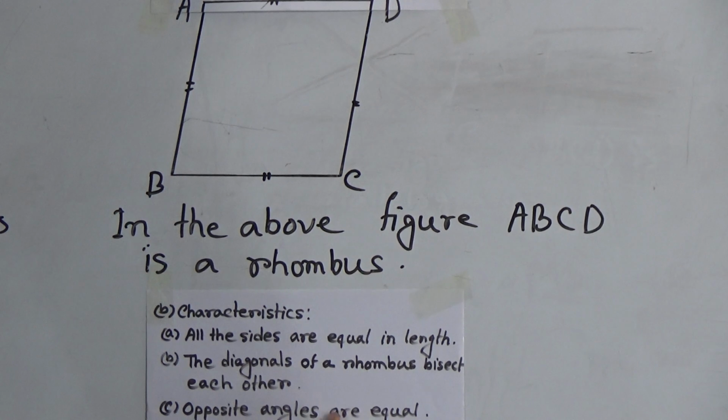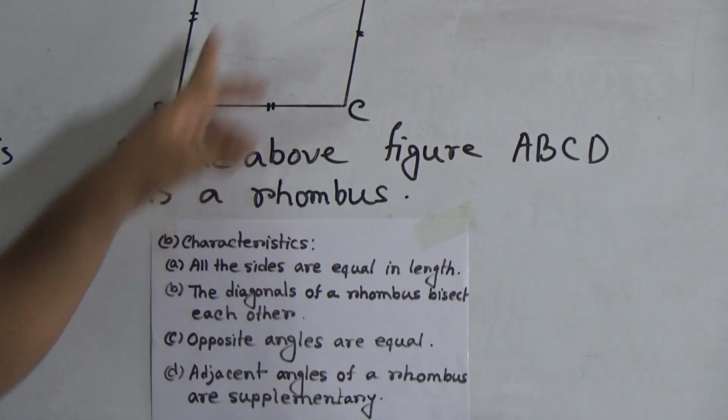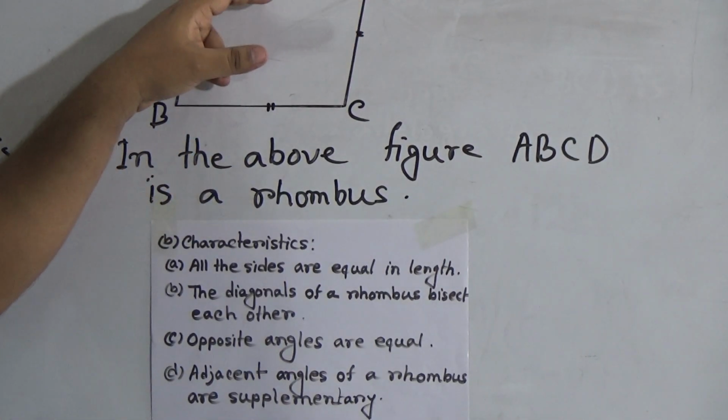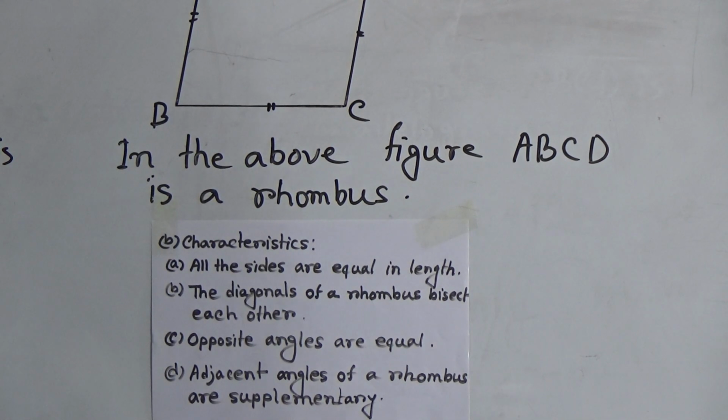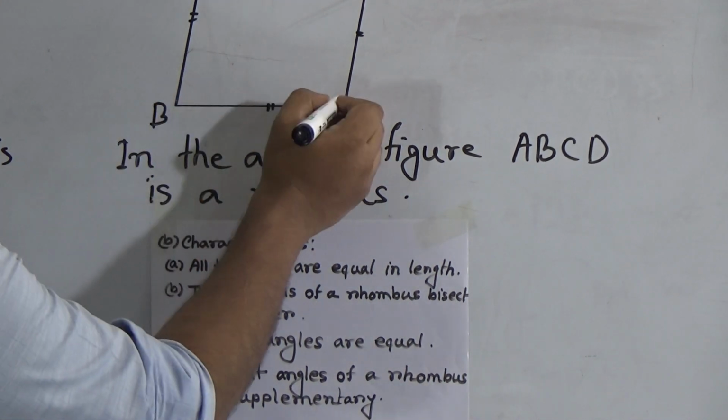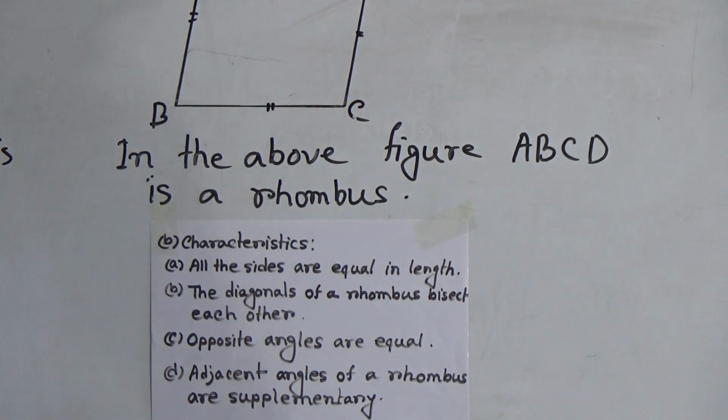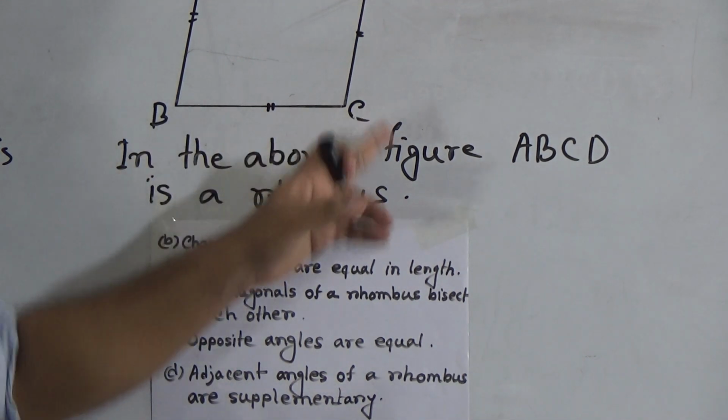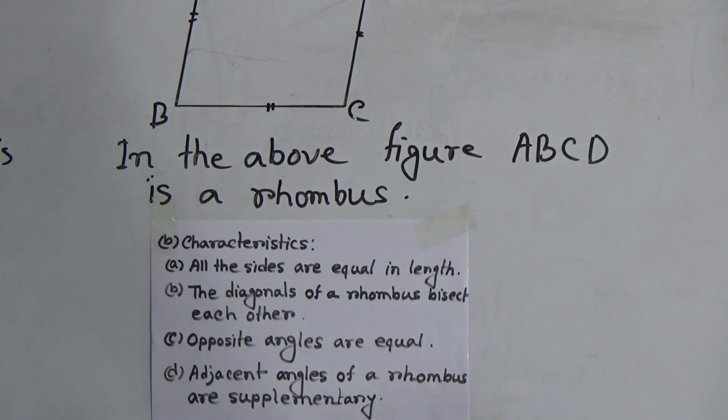C, opposite angles are equal, that means angle B and angle D are equal, and angle A and angle C are equal. D, adjacent angles of a rhombus are supplementary, that means if we add B and C, then we must get 180 degrees, and they are called supplementary angles to each other.